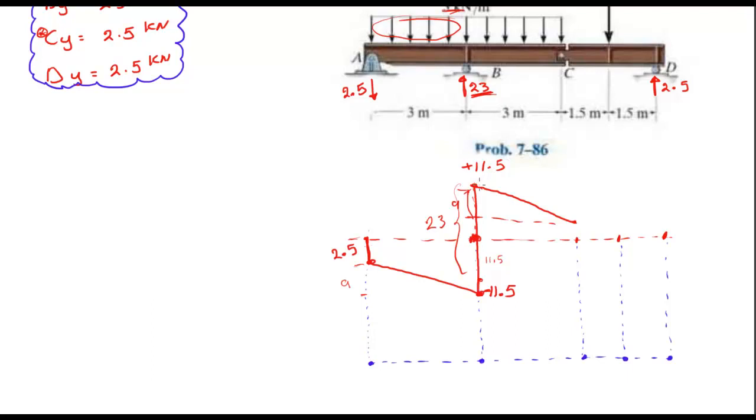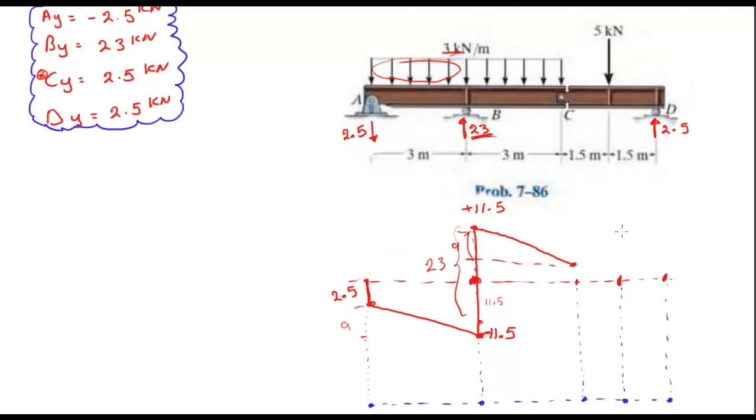So I'm dropping 9 from here, so I stop here for a second. Now, what is my next point to study? It is this point. I do have a force, as you see, right here, 5. Between this point and this point I have no forces, so I continue in a straight line.